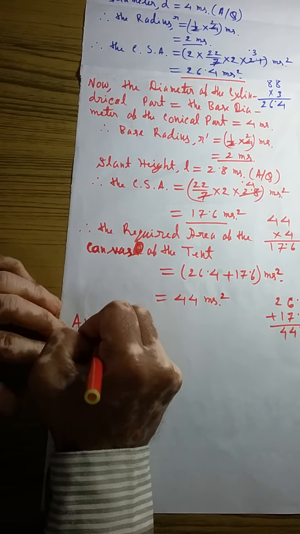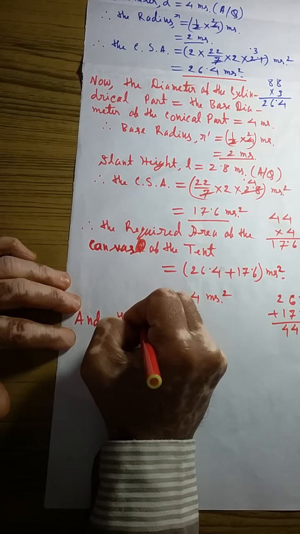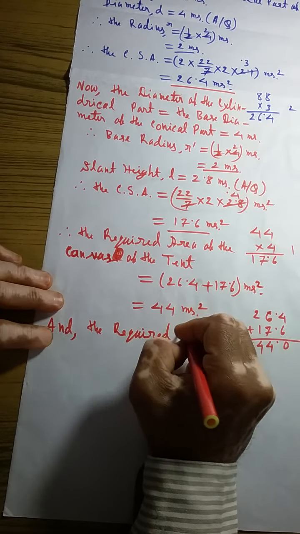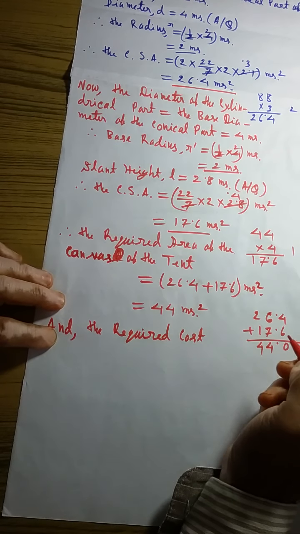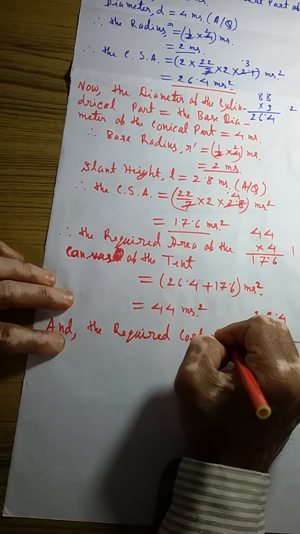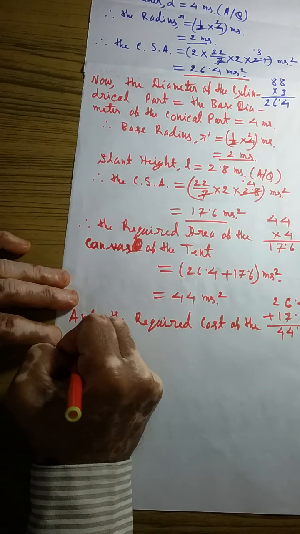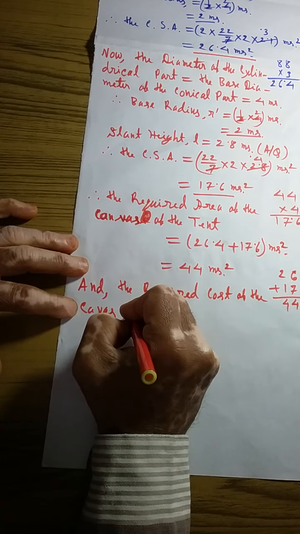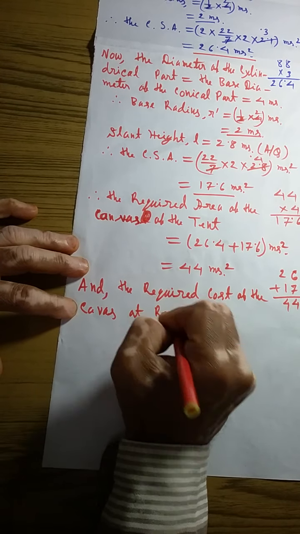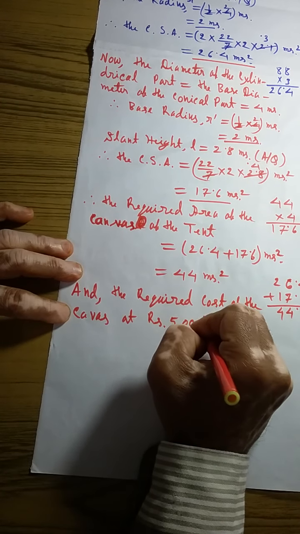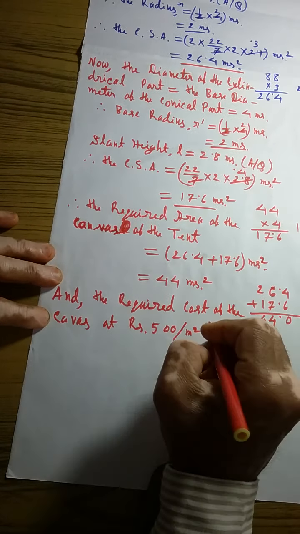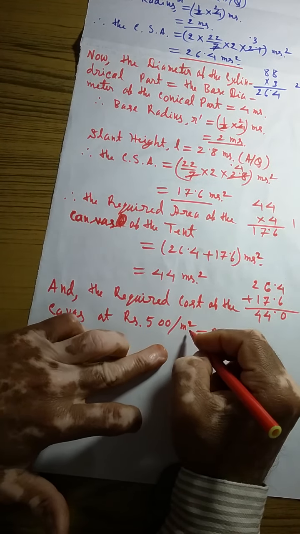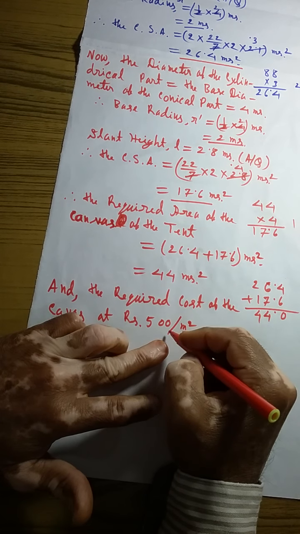After this, proceed in this way. The required cost of the canvas at rupees 500 per meter square: in 1 meter square, the cost of the canvas is rupees 500.